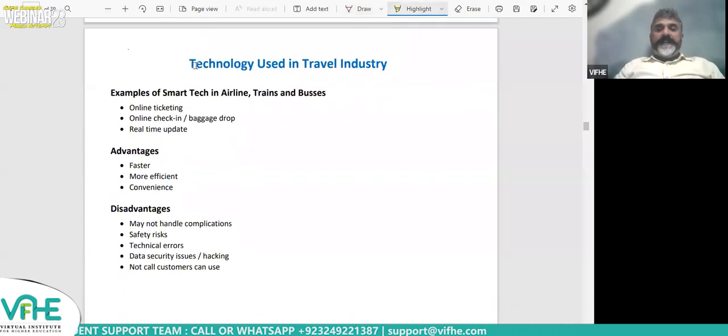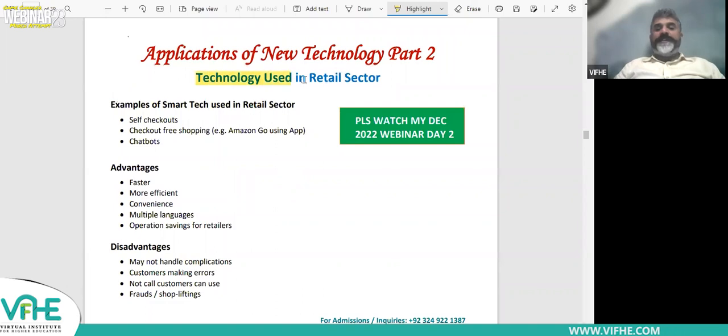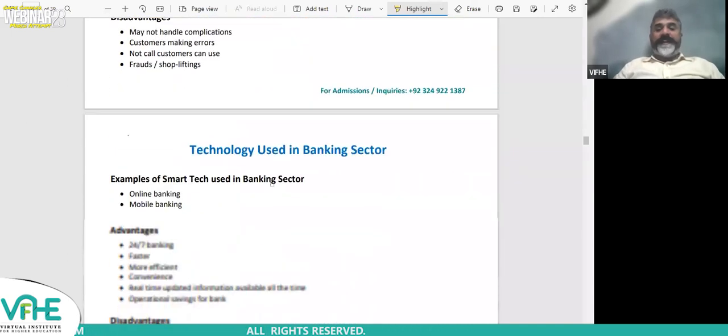Similarly, the article spoke about technology used in the travel industry, like online ticketing, online check-in, real-time updates of flight status. Then the article also talked about technology used in the retail sector, for example self-checkout, checkout-free shopping like Amazon Go, chatbots, advantages, disadvantages.